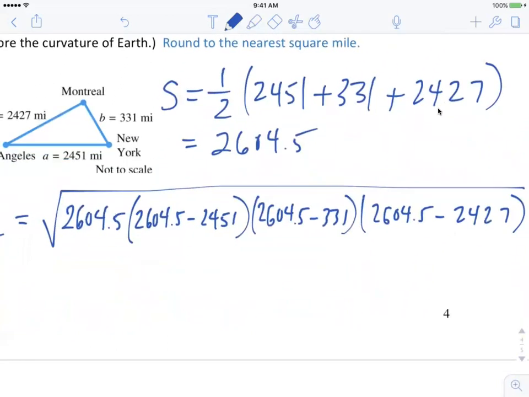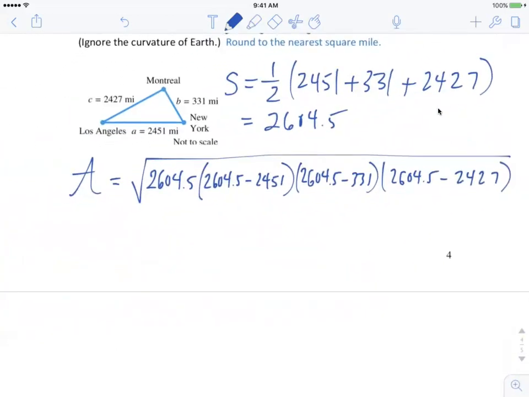And that's it. You could probably put all that at once into your calculator if you wanted to, or you can do an intermediate calculation, just get all that subtraction first.